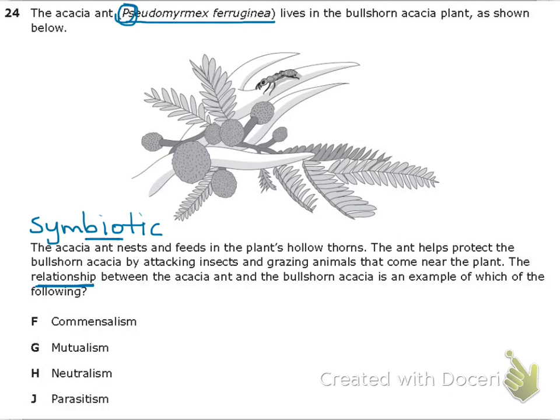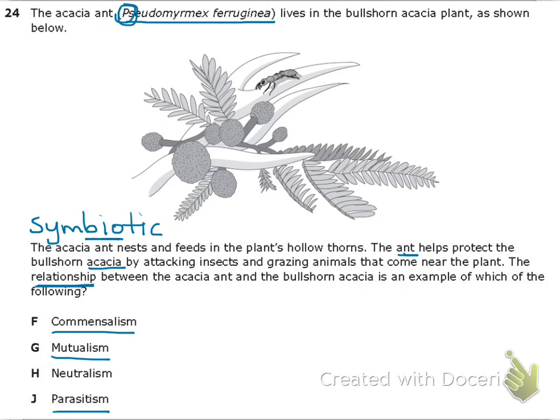So not between, say, two humans or two dogs or two cats, but between two totally different species of organism. In this case, it's the ant and the acacia plant. So we need to figure out which type of relationship this is. There are three types of symbiotic relationships, and they are listed below in the answer choices: commensalism, mutualism, and parasitism.